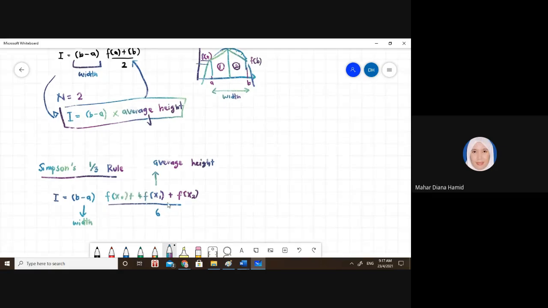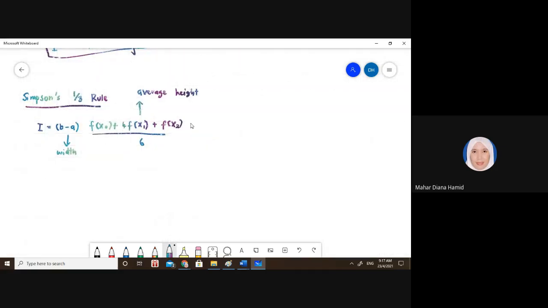Here, if you refer to this particular equation, you will see that we actually have 3 points. So if we try to draw it, from A to B, we will see that the representation of the points would be something like this.